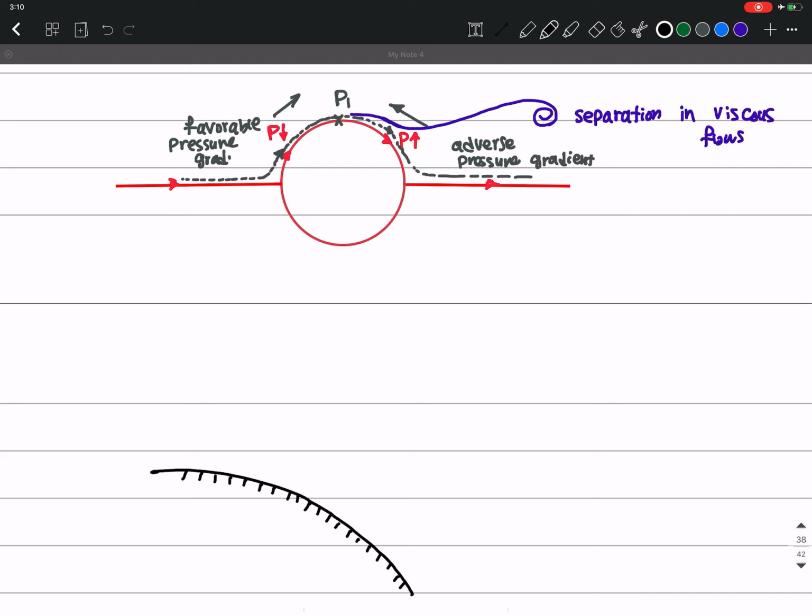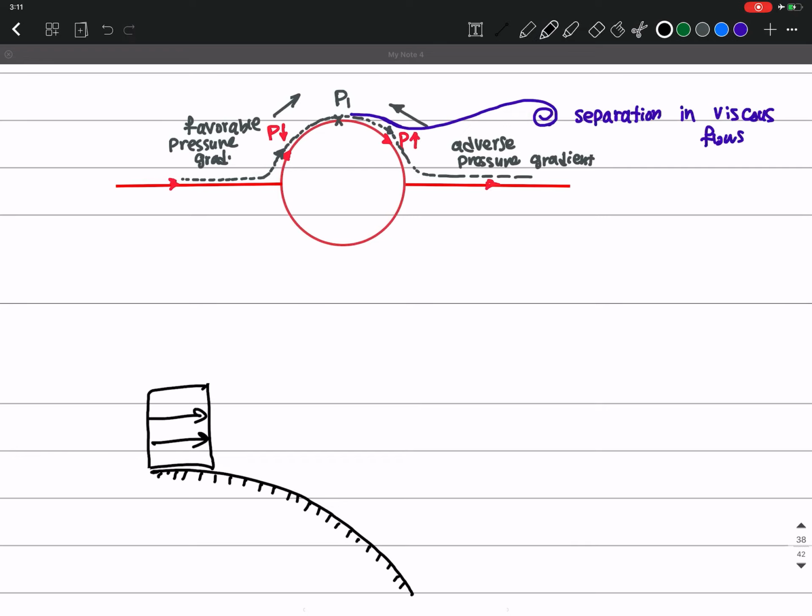So here you have, let's say, just that part of this circle, or cylinder. So at the beginning, at the top, what we have is this flow. Now, in a viscous flow, if we don't have viscosity, the velocity profiles will look like this, right?